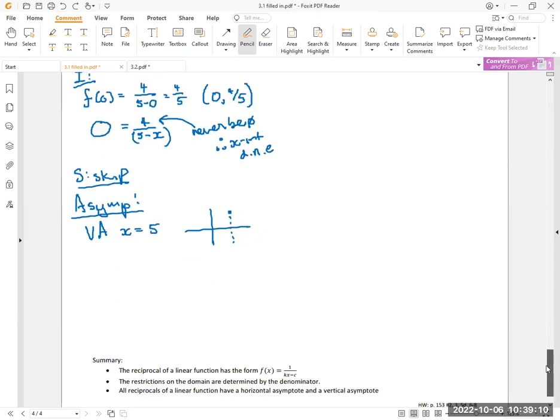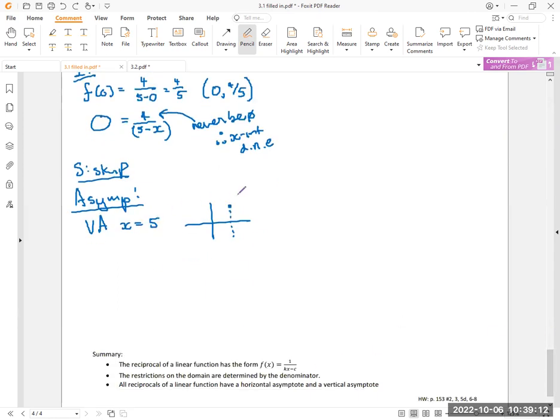Here is a new notation. What we're going to do is check the behavior when x is equal to 5.00000000001. I want to know where I'm going to be if I'm infinitely close to 5 on the right side. Does that make sense?